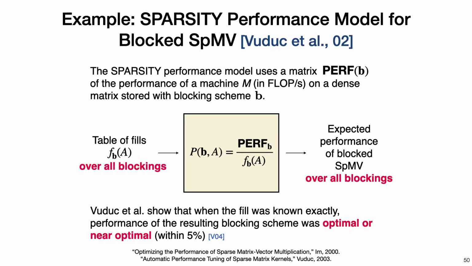The way you show that is you have a matrix, you run the sparse matrix vector with all possible block sizes, and you know how long it takes. One of them will be the fastest. Then one of them, potentially a different one, will be chosen if you know the exact fill matrix using this performance profile. It turns out that if you choose according to this performance profile, given exact knowledge of the fill, it would line up with the best one or close to the best one.